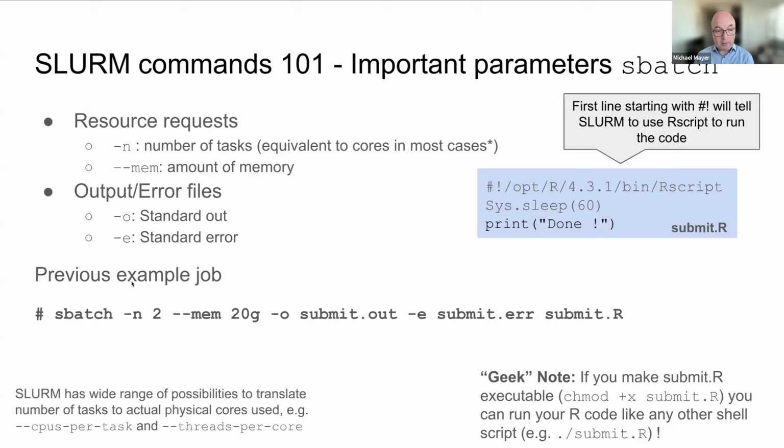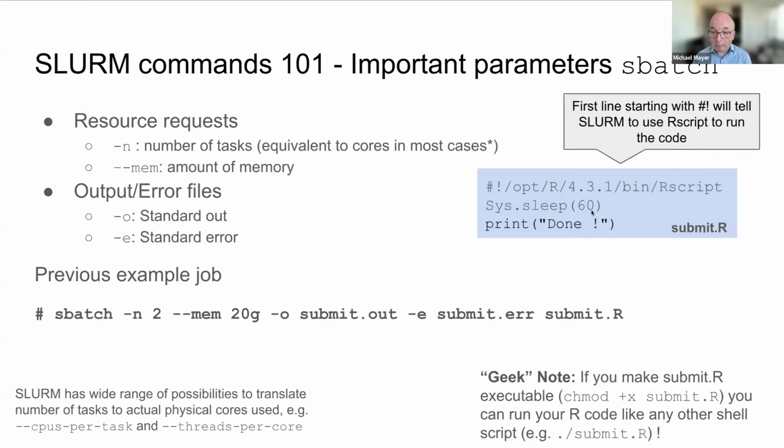Here, like our previous example job for resource management, you then add the -n for number of tasks, which are equivalent to cores in most cases, --mem 20 gigabytes, and you can also specify standard out and standard error files here, and eventually you specify the script that I have modified a little bit here.